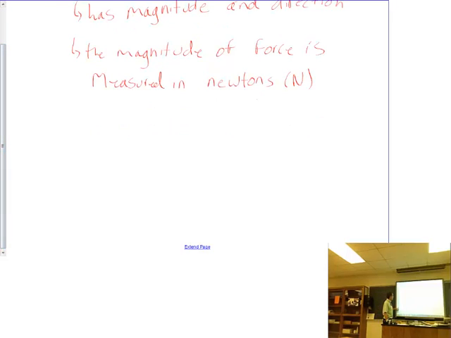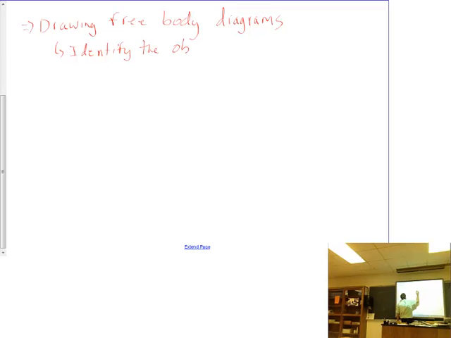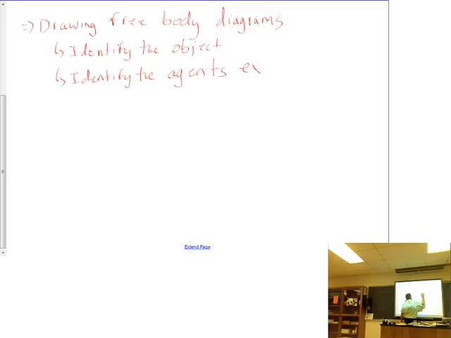So here's the simple rules for drawing free body diagrams. Okay. First thing, identify the object. And identify the agents exerting forces. Okay.